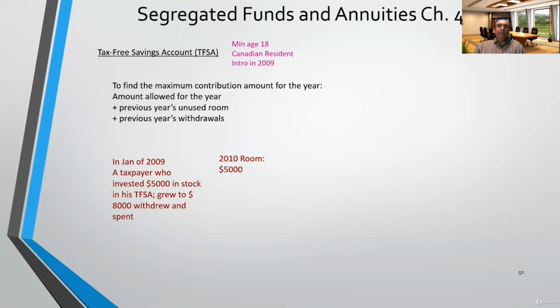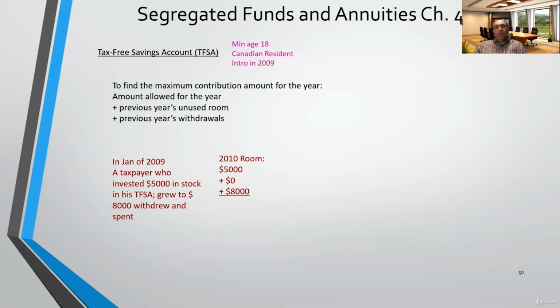He took out $8,000. So in 2010, his room is $5,000 plus he can also add $8,000. Let's assume he doesn't have any unused room from last year. Since he took out $8,000 in 2009, in 2010 he can redeposit it.